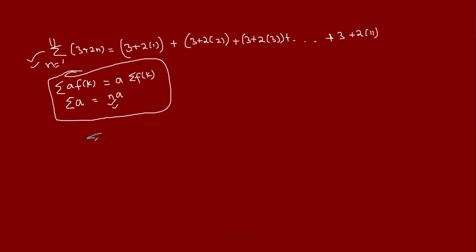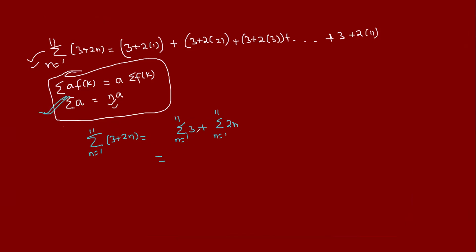So in the above question, when you open the bracket, you will get sigma n equal to 1 to 11 of 3 plus sigma n equal to 1 to 11 of 2n. In the first part, you will use the second formula.